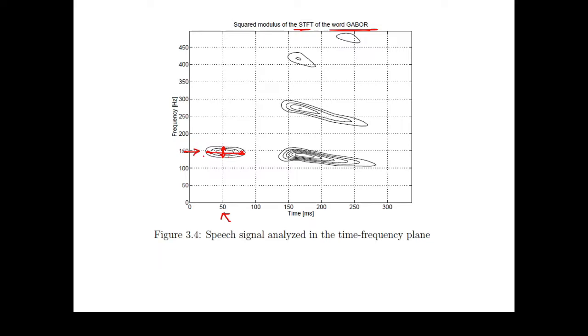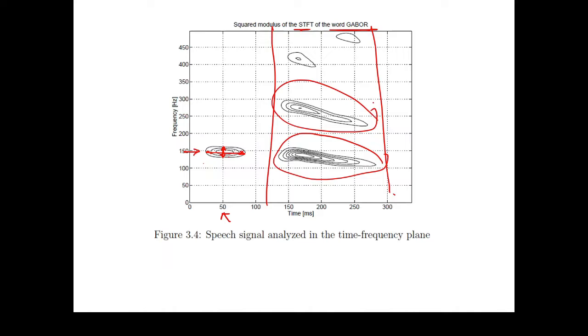Now you understand what mean time, mean frequency, time spread, and frequency spread are. In this region you have several frequency components, and by applying this transform we have been able to locate them, which was impossible with the Fourier transform.